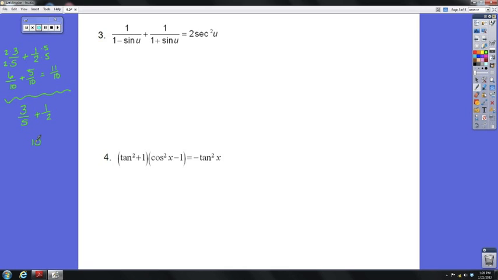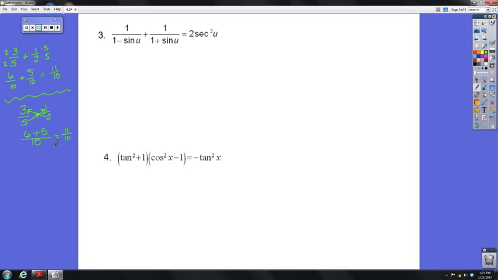So I'm going to write that as 10. 5 times 2 is 10. Plus, so I'm going to put a plus. But watch what happens to the numerator. I'm going to multiply 2 times 3, and I'm going to get 6. And then 5 times 1, and I'm going to get 5. And then there's your fraction. 6 plus 5 is 11 over 10.